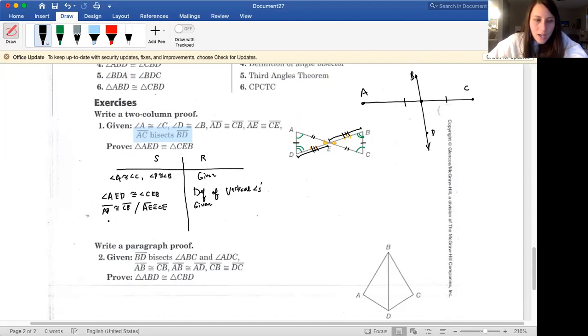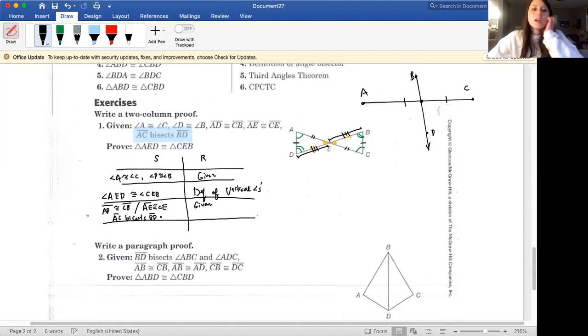So I'm actually probably going to state my given here, AC bisects BD. Okay, now because of this statement, so let me separate these out. I know it's kind of squished, but these are all separate statements here. Now I'm going to say that DE is congruent to BE, and that's because of the definition of a segment bisector.